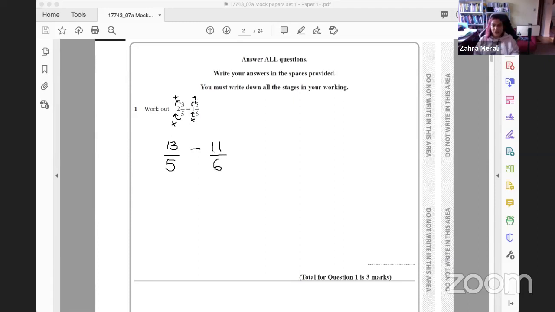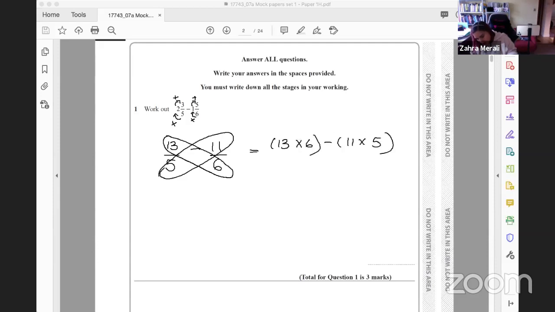Now you want to make the denominator the same. But the easiest way to do this is to use a butterfly if you can do the sums. So you're going to have 13 times 6 minus 11 times 5 over 5 times 6, which is 30.